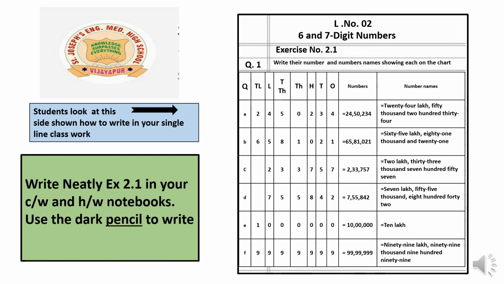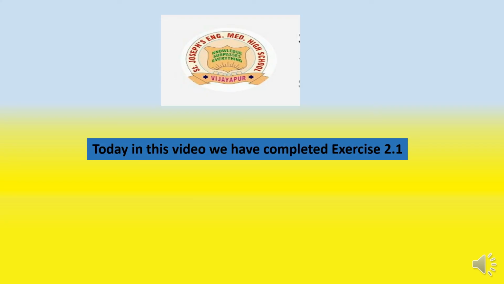Write neatly exercise number 2.1 in your classwork and homework notebook. This is page number 63. In the textbook, page number 63 we have completed today. As we have completed only one exercise in this video, the next video will be of the next exercise, that is 2.2.